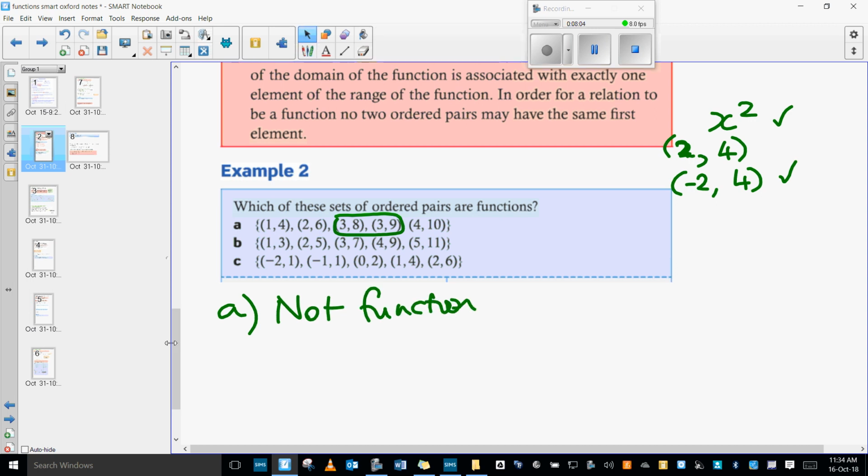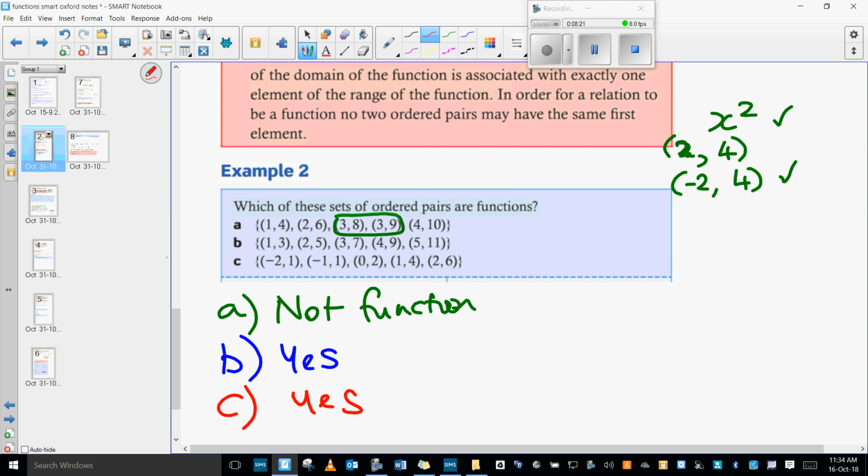Is B a function? Yes. Is C a function? Yes. Even though we've got repeated ones, that's okay. It's still a function.